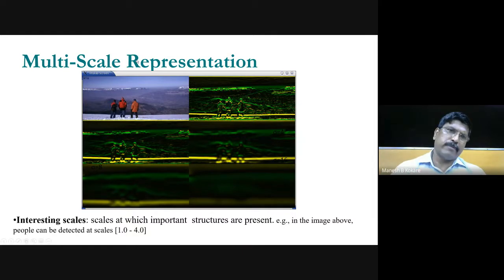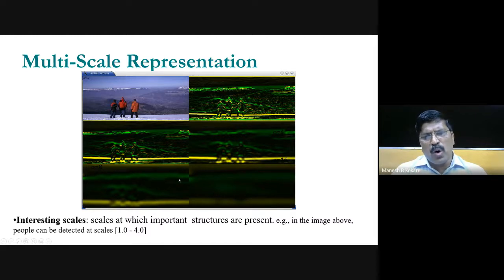Now look at this one. Another example: these are three men standing here, and this is the scene. At scale 1, if you detect the edges, you get this. At scale 2, you get this, and then at scale 3, like this.